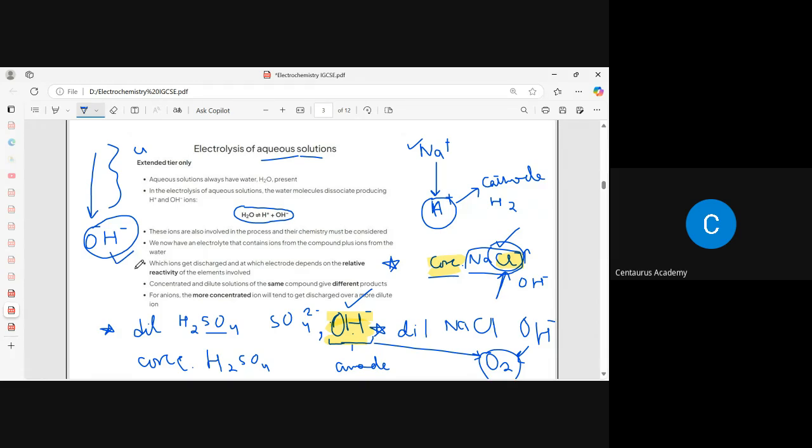So always remember that for any solution with any other anion, hydroxide will deposit onto the anode, hence producing oxygen gas at the anode. But if it is a concentrated halide, then only that halogen will be deposited onto the anode.